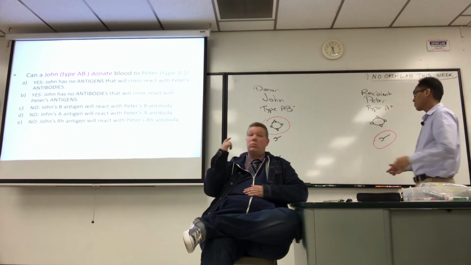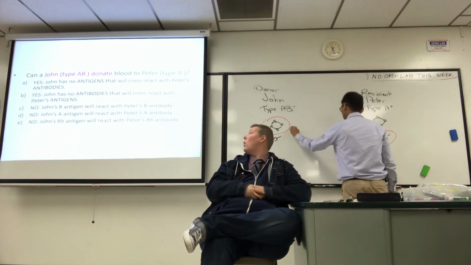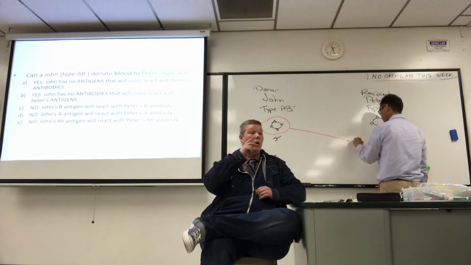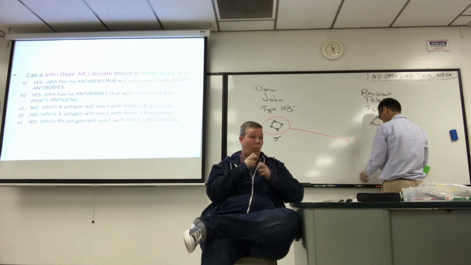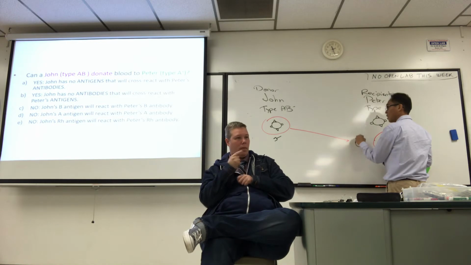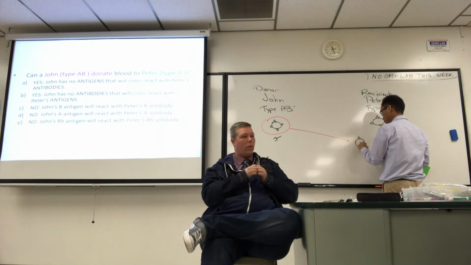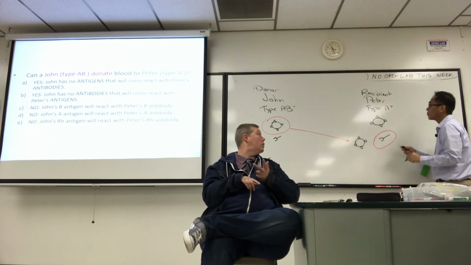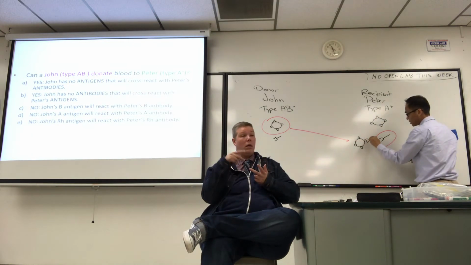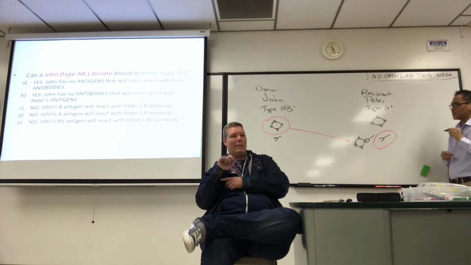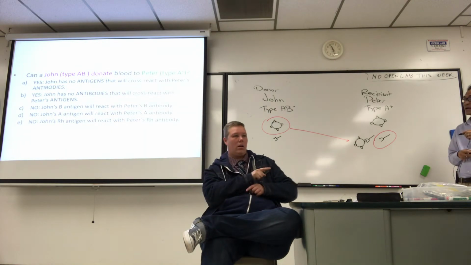Here's the problem. If Peter receives this blood, with the triangles and the circles, Peter's B antibody will attack it. John cannot safely donate to Peter.